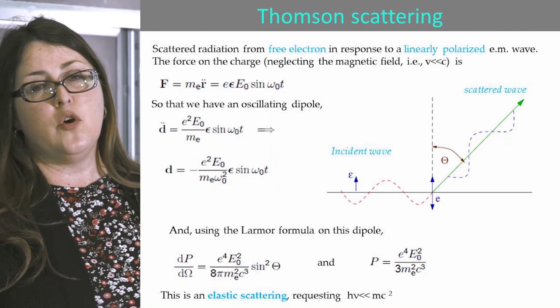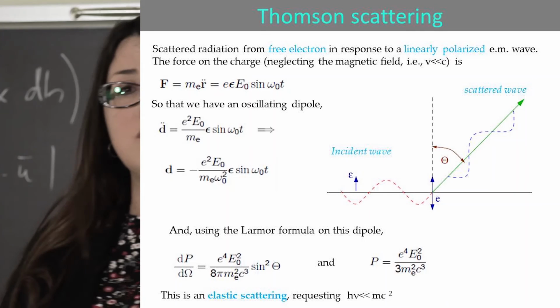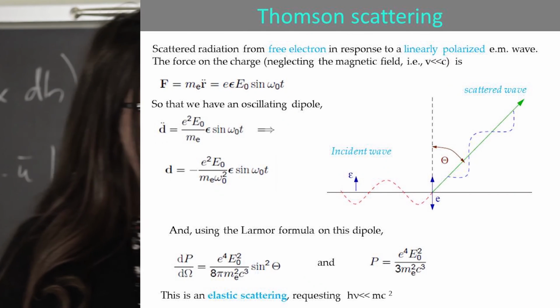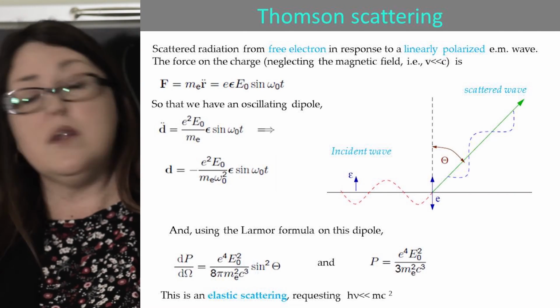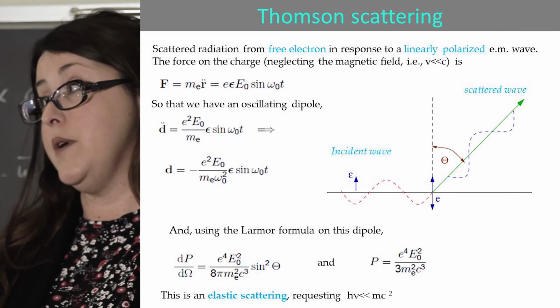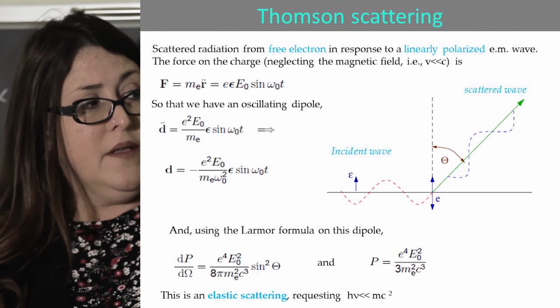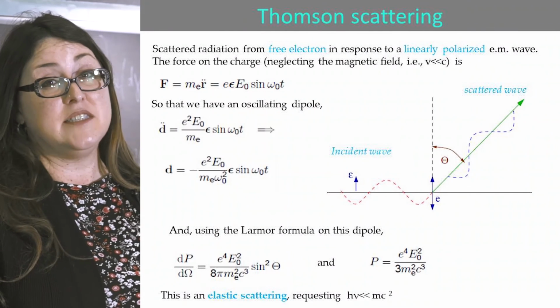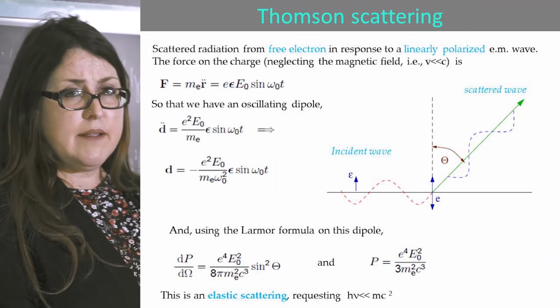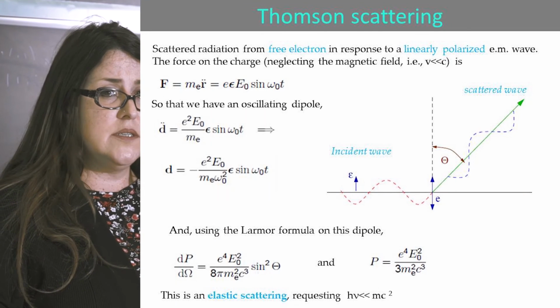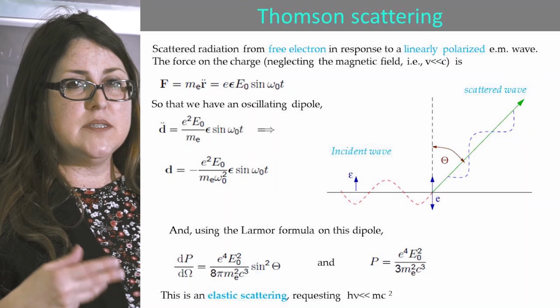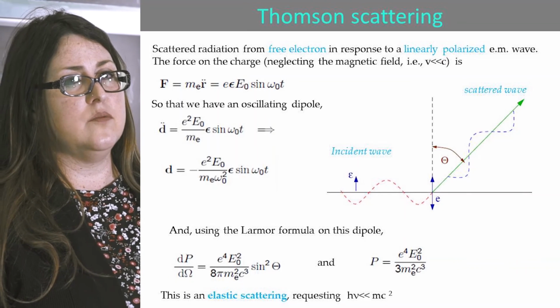Using the Larmor formula on this dipole, you can calculate the pattern of the emitted radiation and the total power emitted in Thomson scattering. Notice that this is an elastic scattering, which means that the frequency of the incident wave is the same as the frequency of the scattered wave.